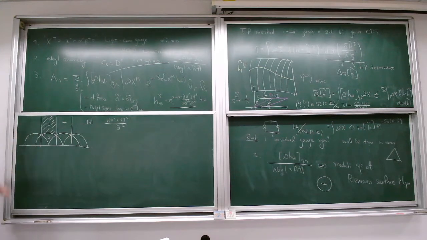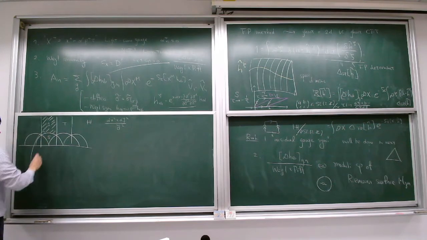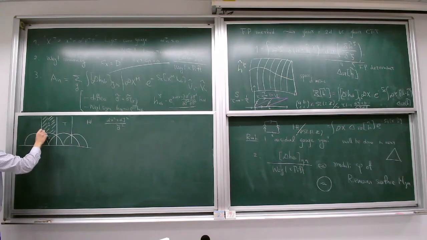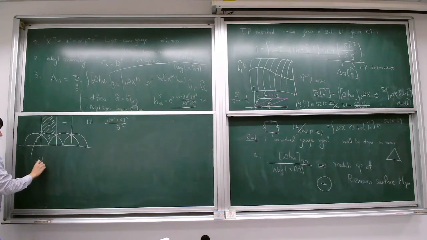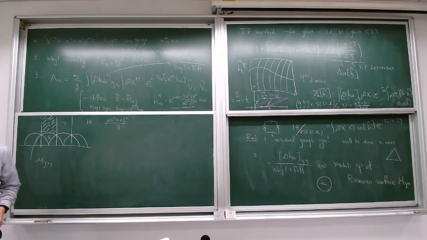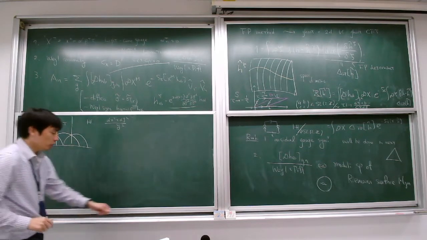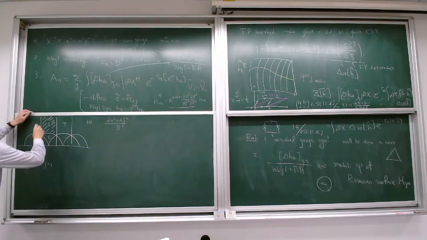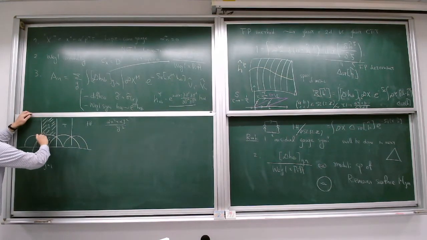And then this is called the fundamental domain, or indeed the modular space of Riemann surfaces of genus equal to 1. Precisely speaking, you have to be careful about edges. Only this part is essential in the edges.